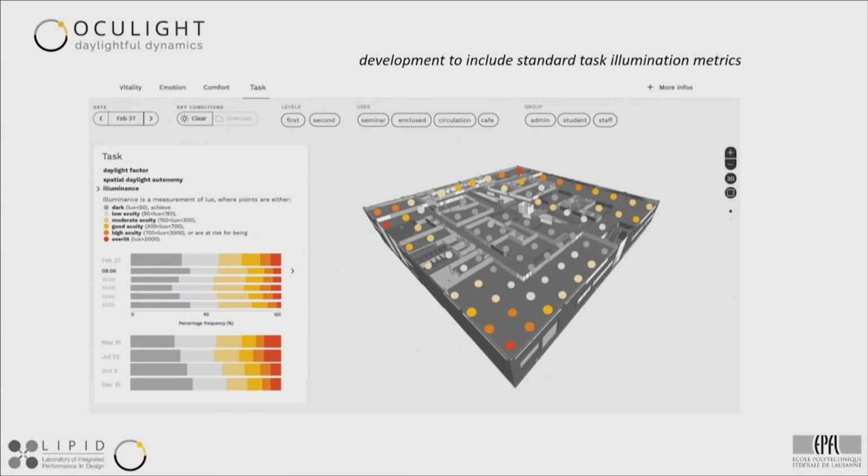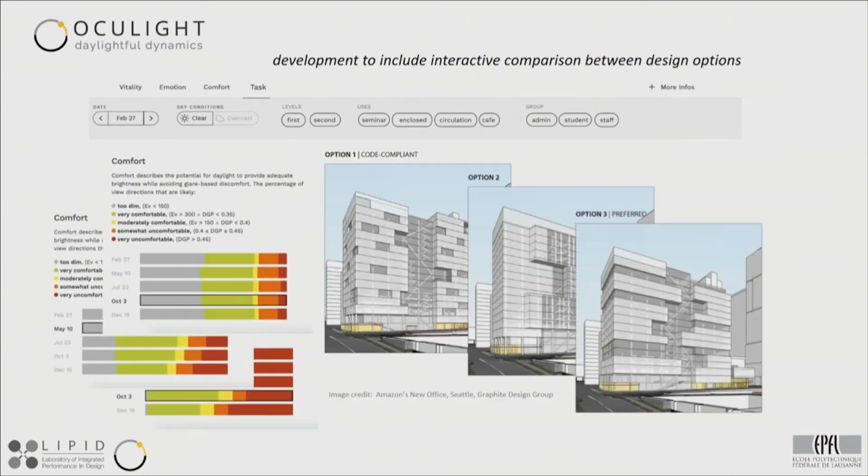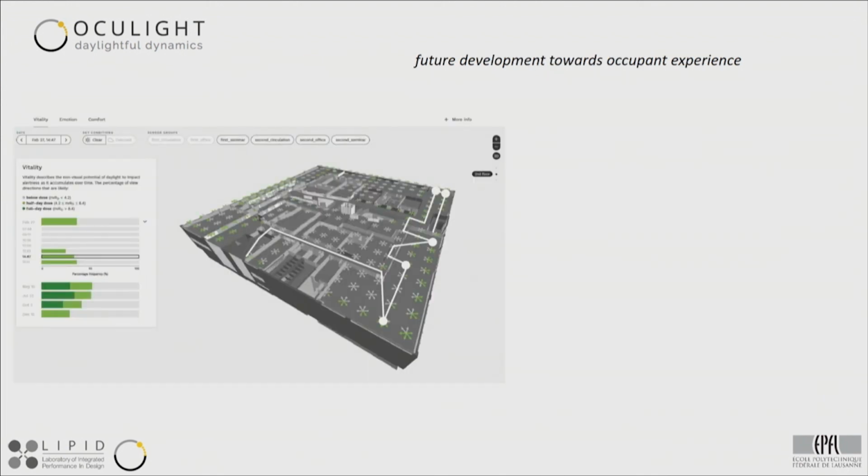So the next steps in these developments will be still to include more conventional or traditional metrics, such as illuminance-based task illuminance, and represent them in the same way, but also to be able to compare different design options easily, and probably most importantly, to really get back to the user or occupant experience, to actually talk about how a space is lived.